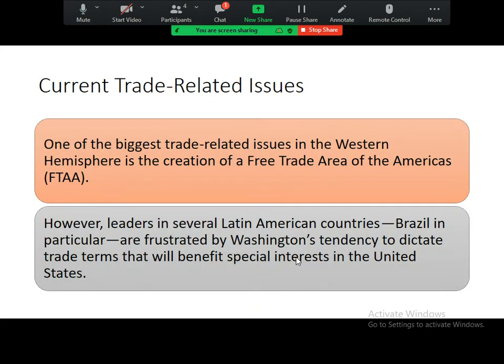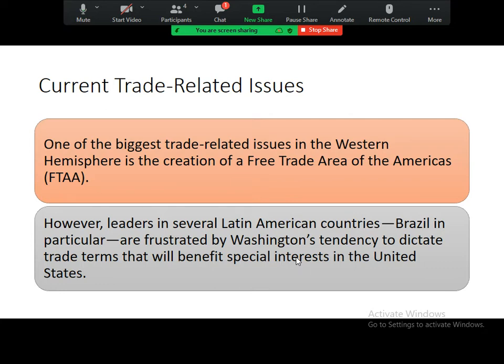Now, what are the current trade-related issues? One of the biggest trade-related issues in the Western Hemisphere is the creation of a Free Trade Area of the Americas, that is FTAA. However, leaders in several Latin American countries, Brazil in particular, are frustrated by Washington's tendency to dictate trade terms that will benefit specific interests in the United States.